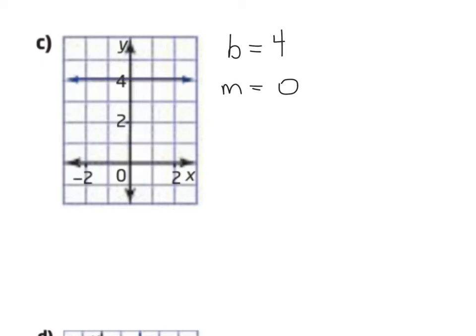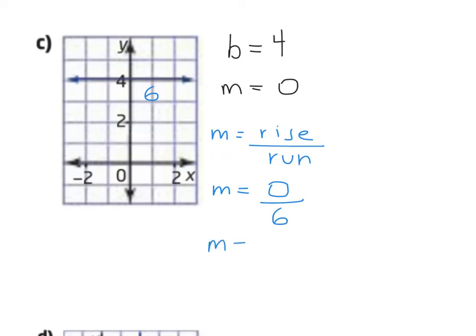From end to end, if I skip count, this would be 1, 2, 3, 4, 5, 6, if you were to go directly from edge to edge. So the run would be 6 units. So using rise over run, the rise would be 0, the run would be 6, and 0 divided by 6 would still give you that slope value of 0.